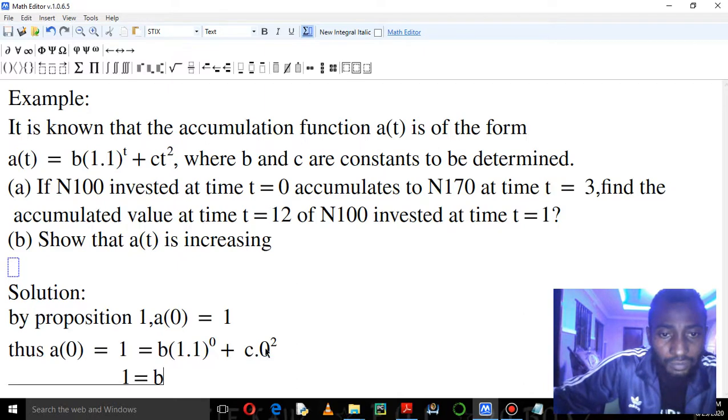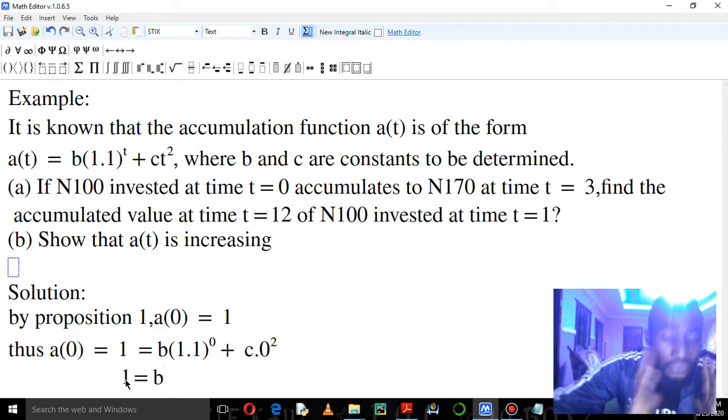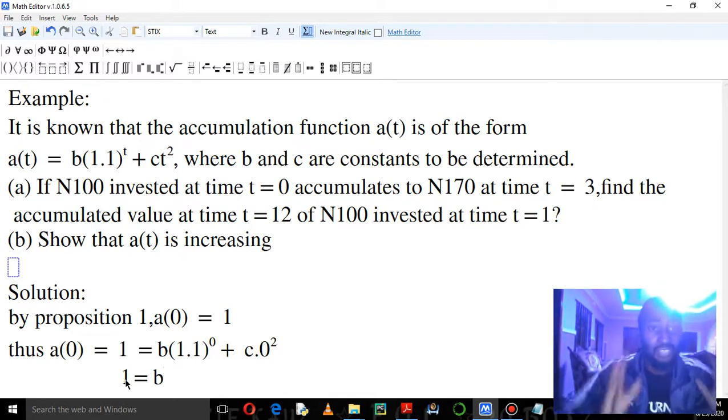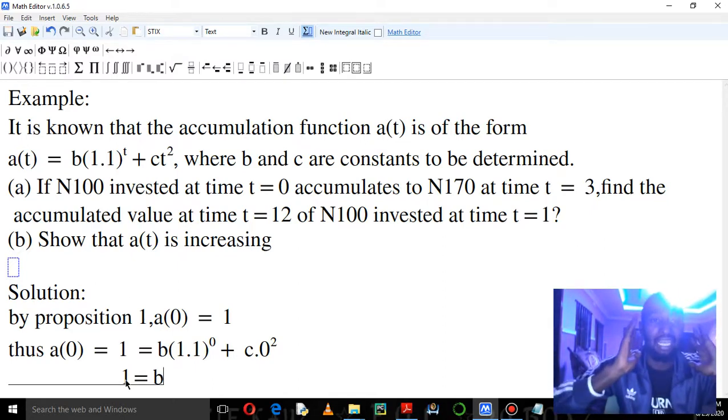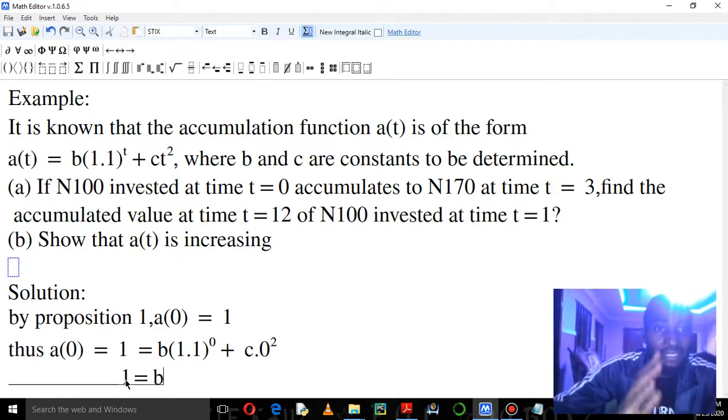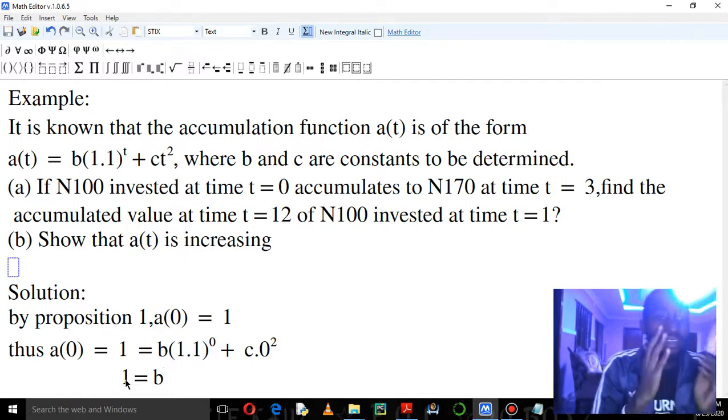Now, plus 0 square will give us 0, so 0 times c will give us 0. So this part is no more needed. So this means our b equals 1. This is your first step. You have to calculate your b and your c. To calculate your b, we've used the proposition 1, the one I told you. He did not teach you anything about it.